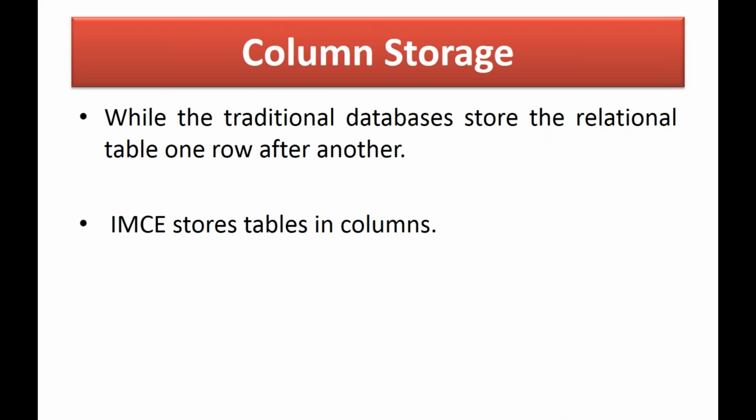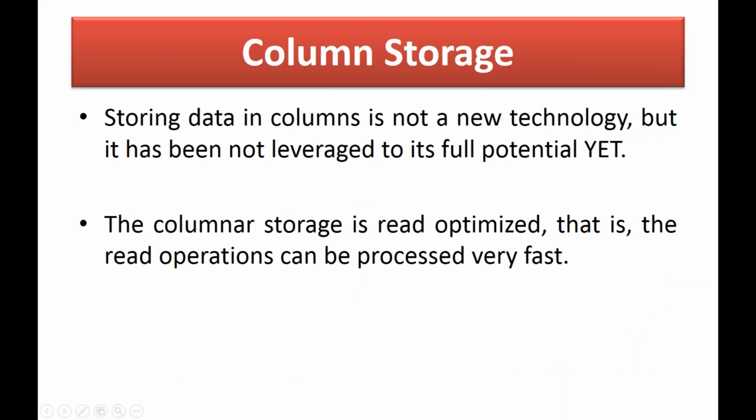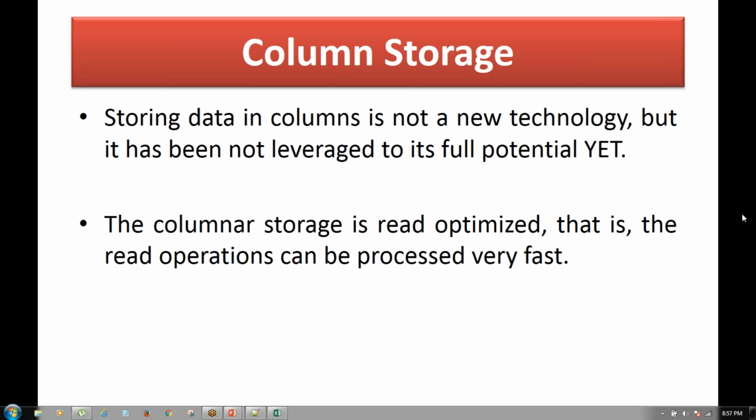While the traditional database stores the relational table one row after another, the in-memory computing engine stores the tables in columns. Storing the data in columns is not a new technology. I told you that it still exists in traditional database systems, but it has not been leveraged to its full potential because people were not aware of it before HANA was introduced.